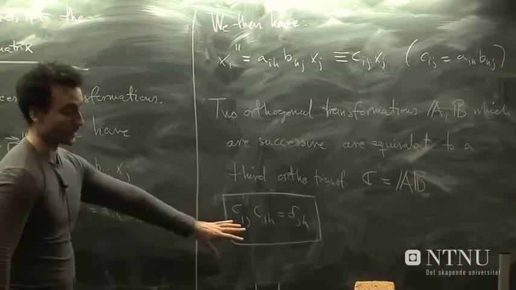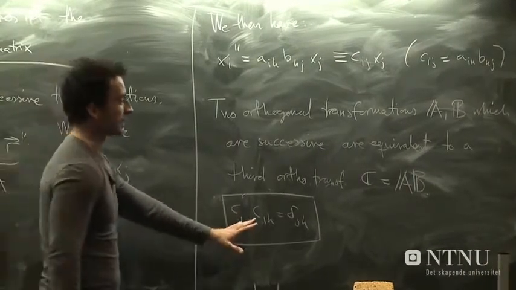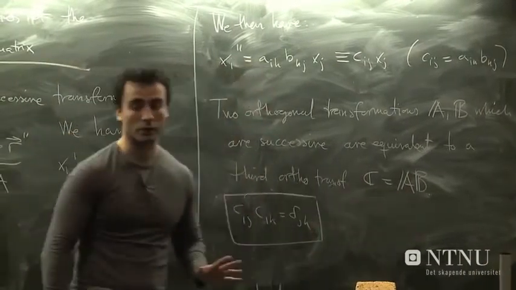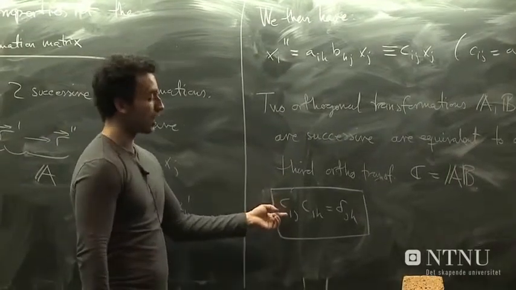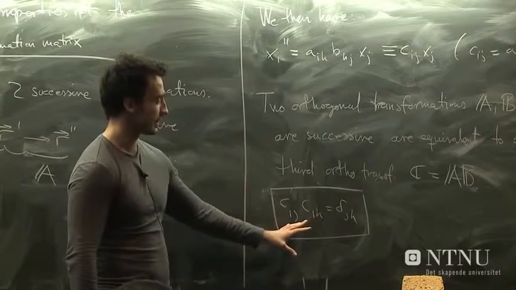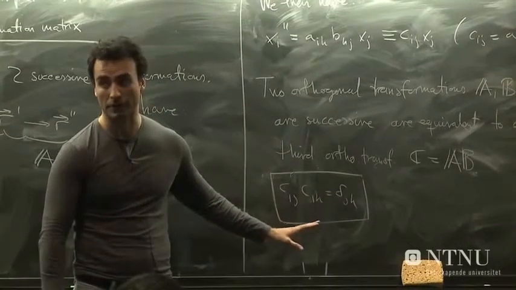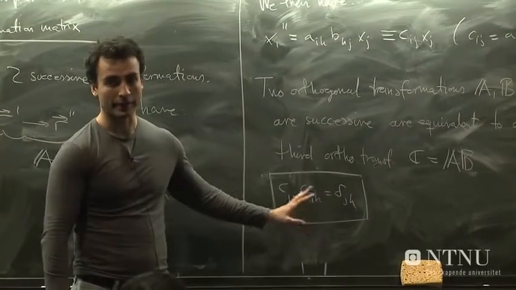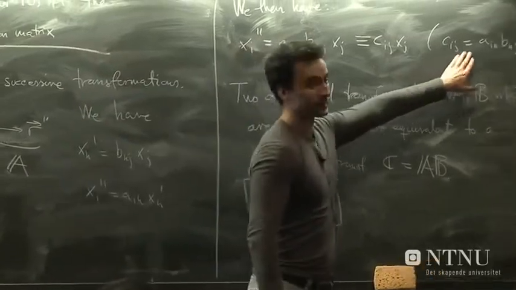I'm not going to show it here, but you can show that if A and B are orthogonal transformations, meaning that their elements satisfy this type of equation, then the elements of C will also satisfy this equation. And you can inspect this by just inserting the definition of C here.